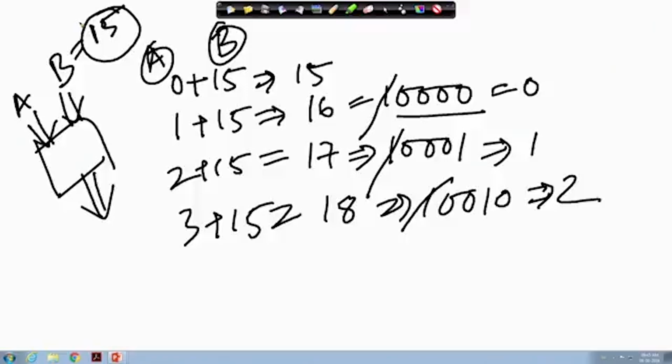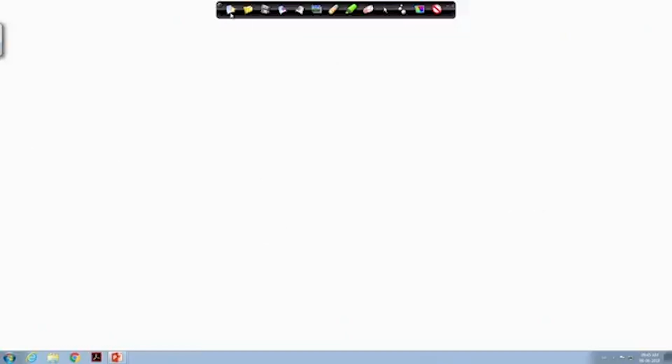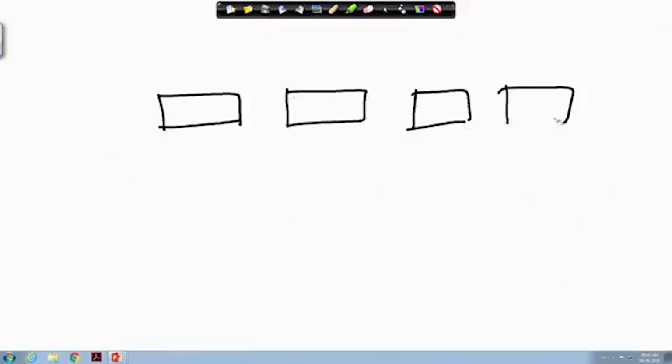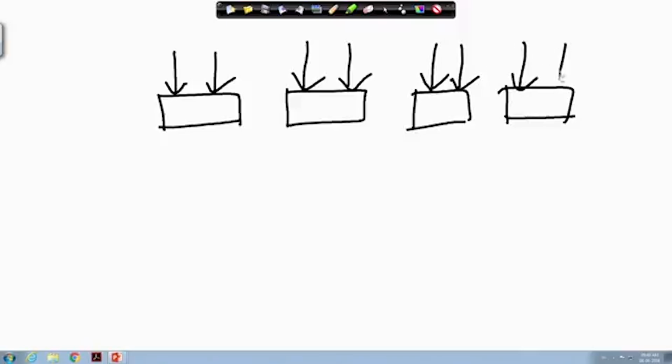Okay, how will we see? What we did in the incrementer design, we have to do in this case also. If I consider 4 bits, I require 4 full adder cells.